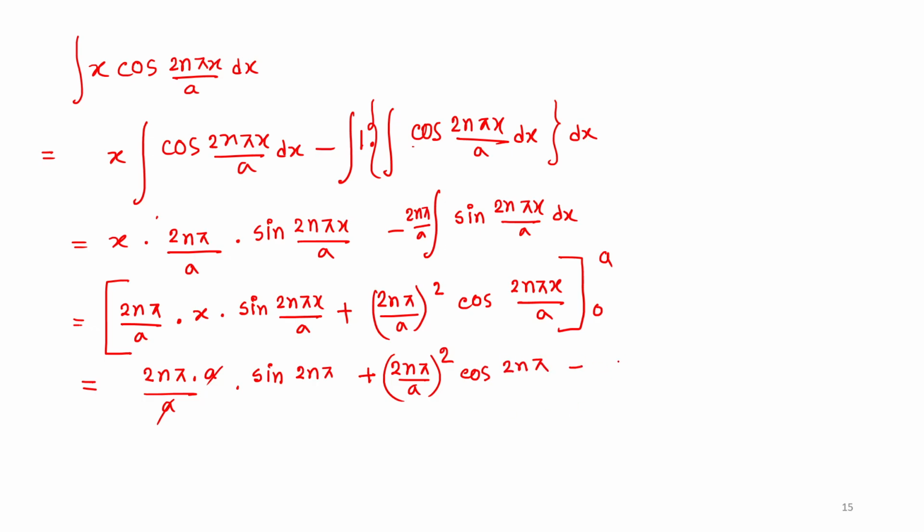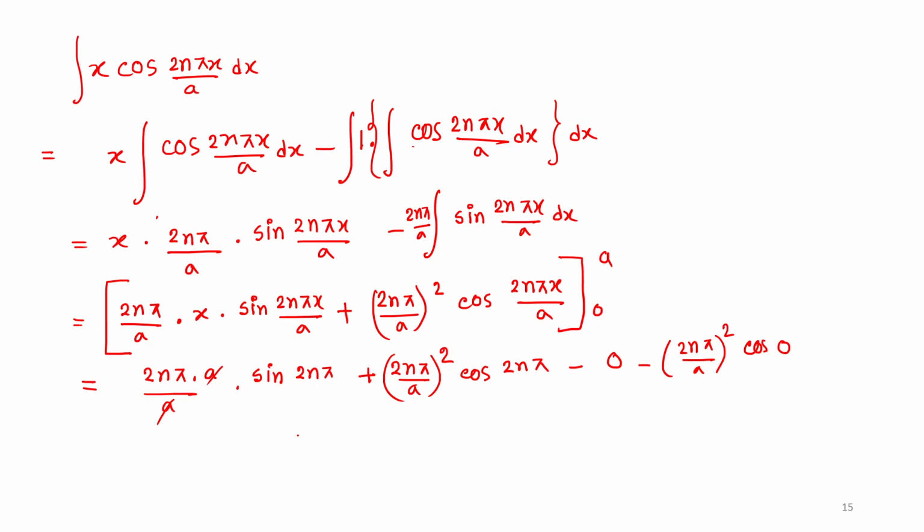Then minus, we will have 0, obviously, because x is 0, sine also is going to be 0, so that term is going to be 0. What about the cos part? So this is now minus, right? Minus (2nπ/a) square cos 0.